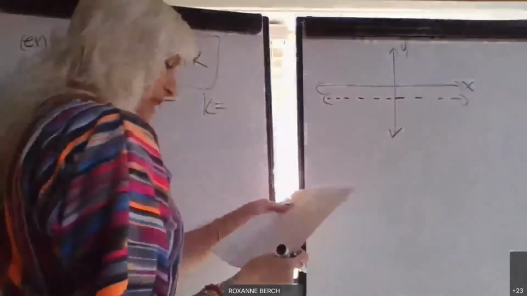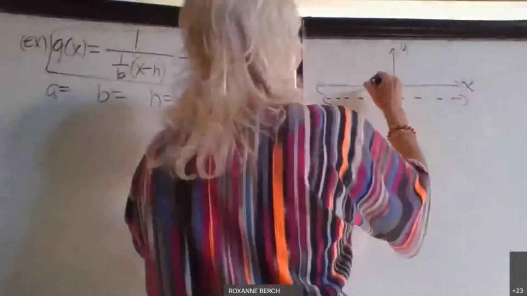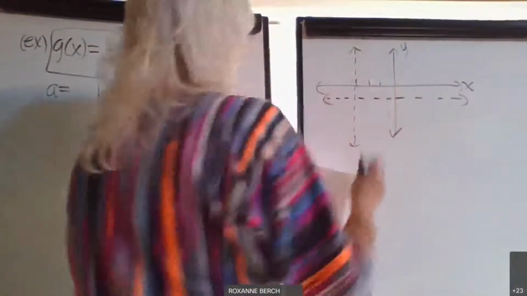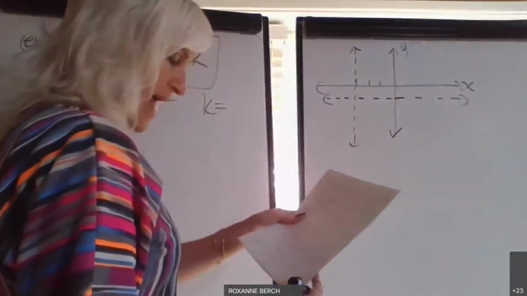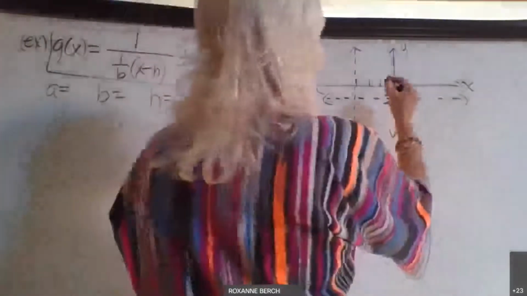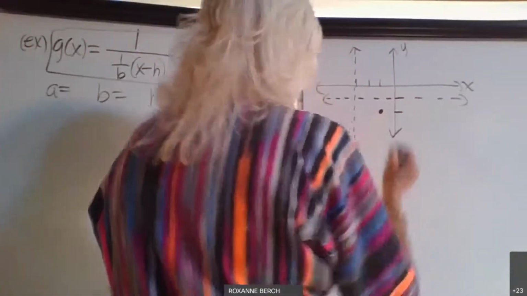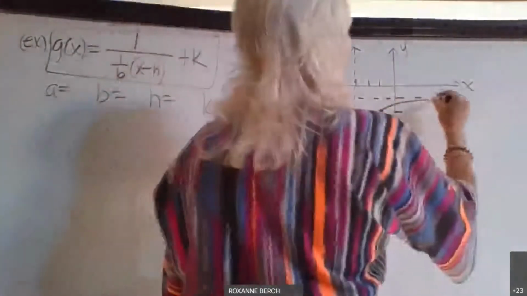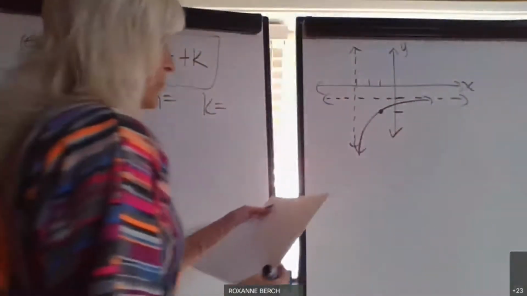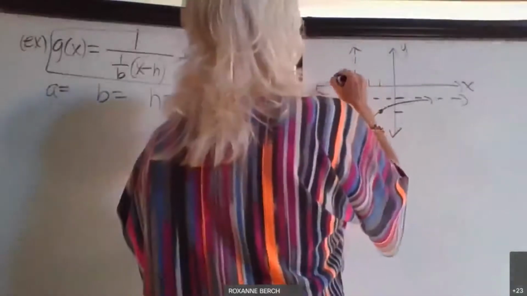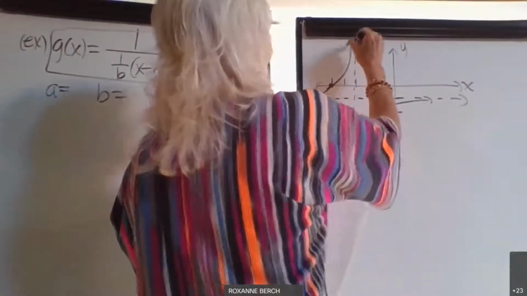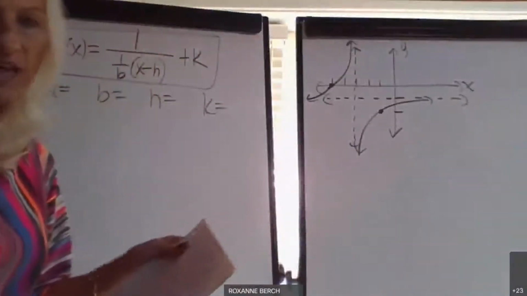You have a vertical asymptote at x equals -3. And they're giving you a point at left 1, down 2, and this graph goes along the asymptotes like that. And then they're giving you a point at left 5, 0, and this one's going along the asymptotes like that. So it looks like there's some kind of reflection.